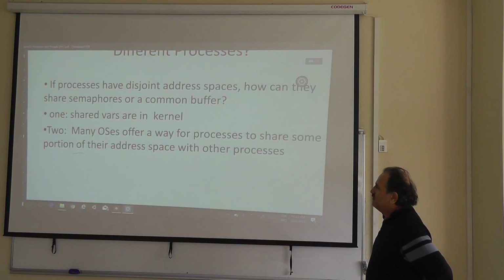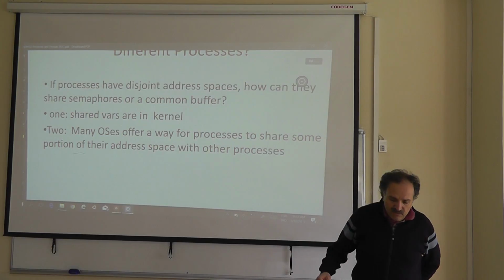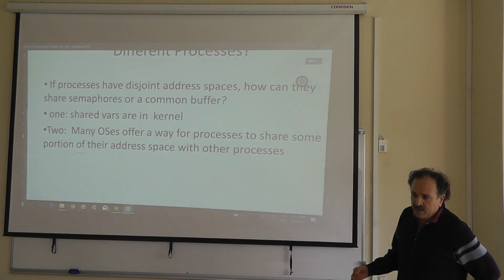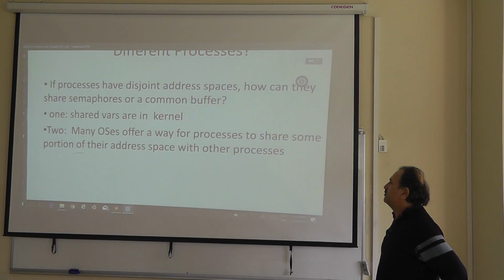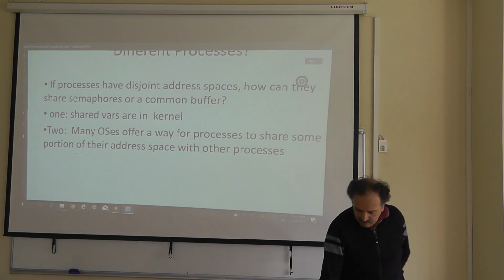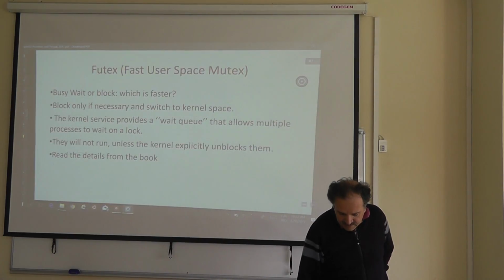And there are many ways of doing this in Linux, in Unix, to make these kind of spaces available for the processes. So for the threads, it is no problem because everything is already shared. But for the processes, we have to get some help from the operating system if we have different processes trying to communicate.